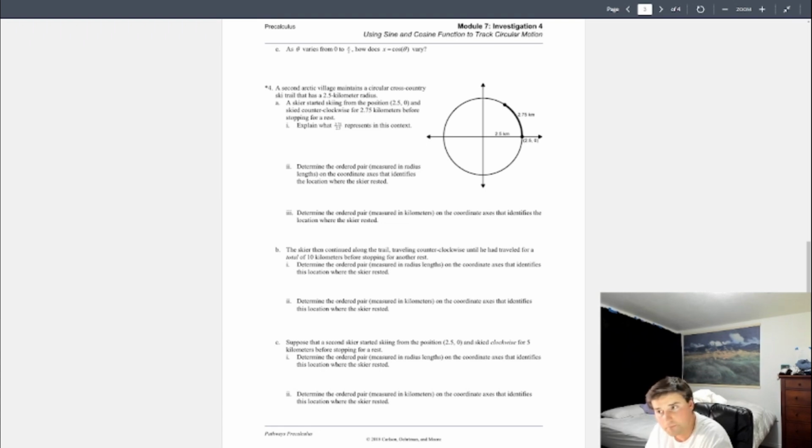That's 1.1. Oh, that's interesting. Radians is also radius lengths. If it's measured in radius lengths, like how many 2.5s is 2.75? So obviously just divide 2.75 by 2.5. That gives you 1.1.